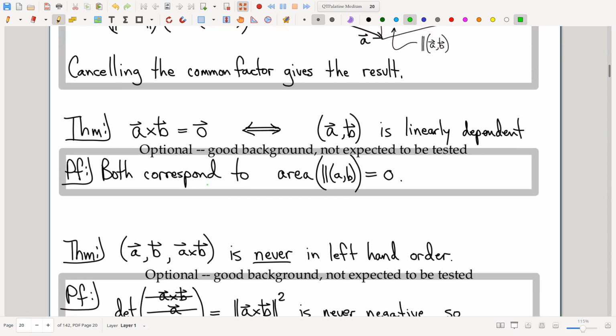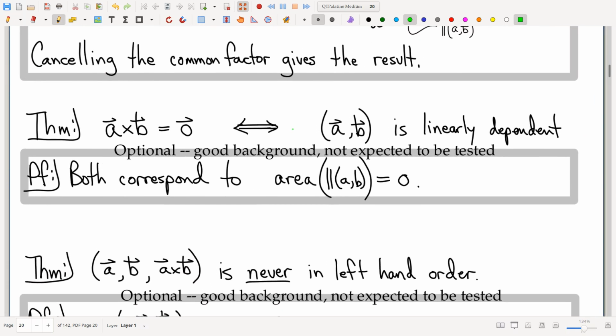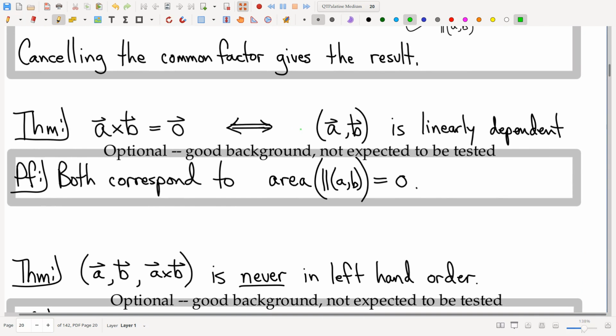A neat analogy between cross products and dot products. So y'all remember there's a theorem that says that if a dot product is 0, then you draw a conclusion about the vectors. Namely, either one of the vectors is 0, or they're perpendicular, right? Strong connection between dot product being 0 and perpendicular.